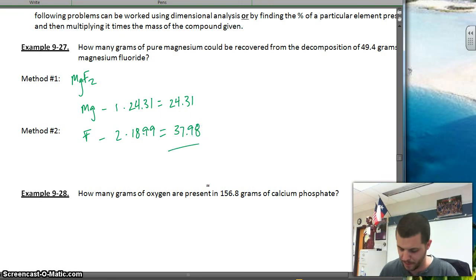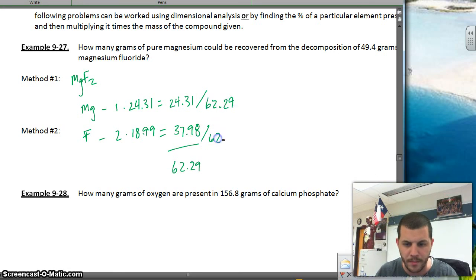Let's add those up, find out our total molar mass. So 24.31 plus 37.98 is 62.29. That's my total molar mass. And so we're going to divide both of these by 62.29 so that we can find out our percent composition.